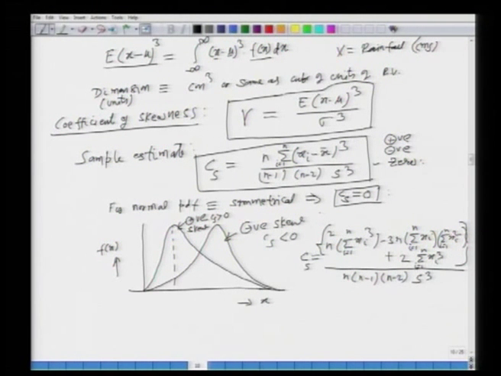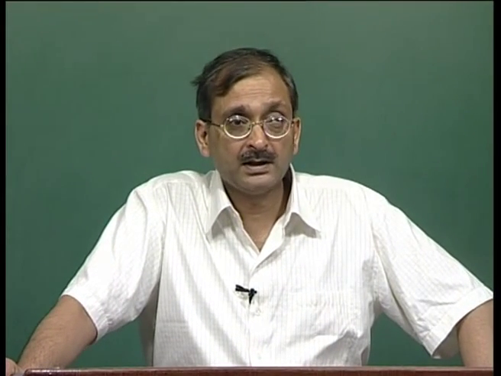So, this is another way of defining your coefficient of skewness, which gives us an idea about the asymmetry of the particular probability density function.